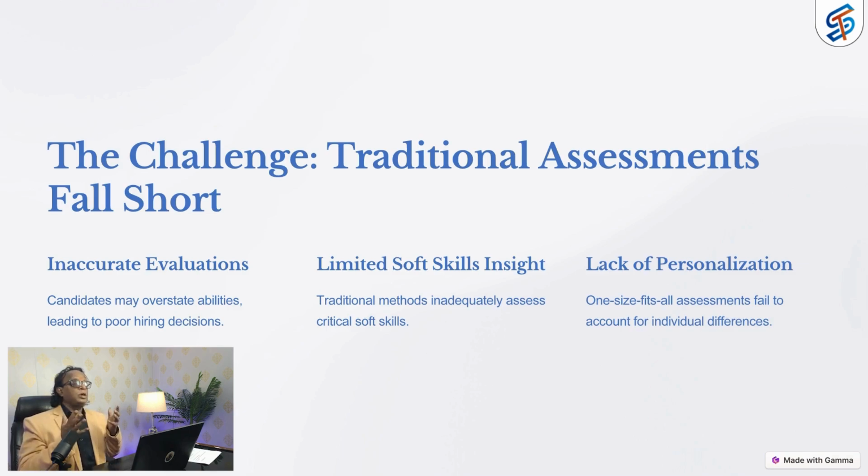So how are we able to do it, and how do we go about it? What should we do? Let's take one or two more points on the traditional assessment. Most of the time, if I say that a person has to be sent for training, what do we do? The boss comes into the picture, the HR comes into the picture, the department comes into the picture.